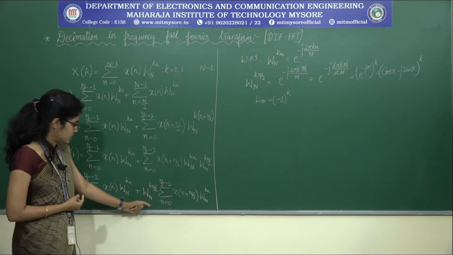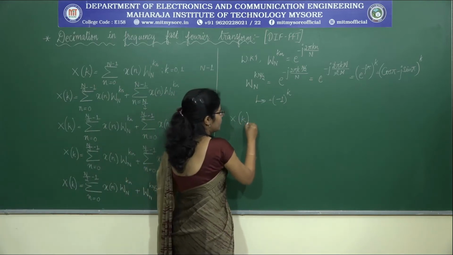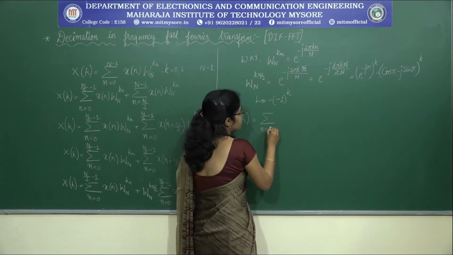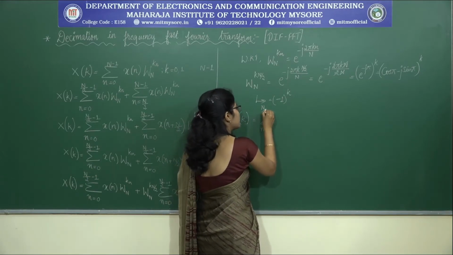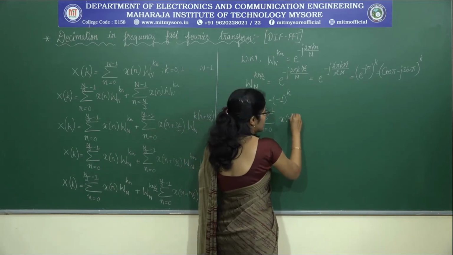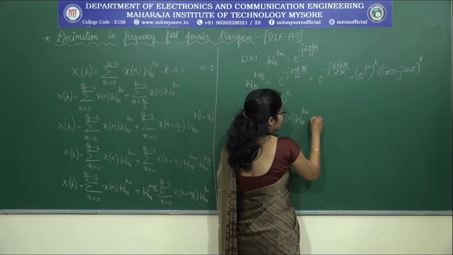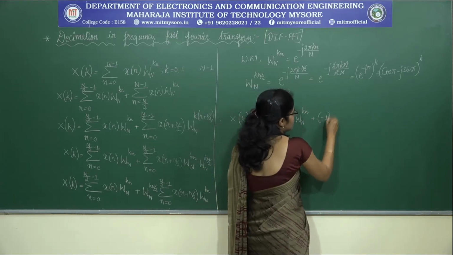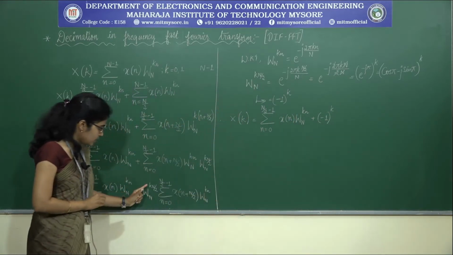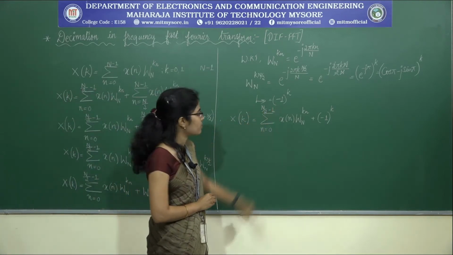So let me substitute in this equation. Therefore, X of k will be equal to summation n ranges from 0 to N by 2 minus 1 x of n into omega N to the power of kn, plus, instead of omega N to the power of kN by 2, I am replacing it with minus 1 to the power of k.